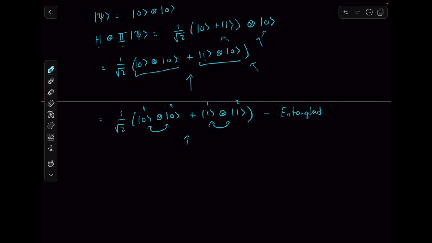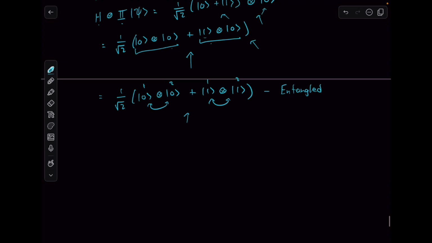Now imagine we were trying to factor this out into 2 single-qubit states. How would you go about this? Well, the obvious way is to look at qubit 1. We see over here it's in the state 0, and over here it's in the state 1. So qubit 1, we'd write as the superposition of 0 and 1.